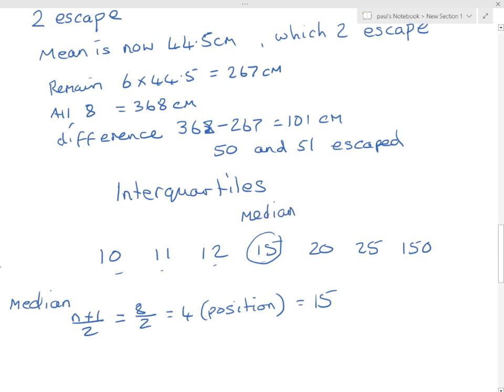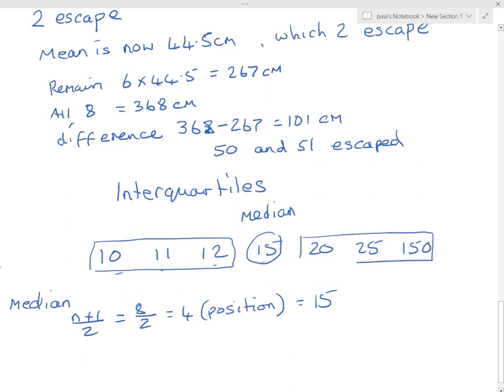Now, an interquartile is basically because of quarter, the whole data is divided up into 4. So the interquartile is actually the median of the bottom half of the numbers and the top half of the numbers. And so we have a lower quartile and an upper, so we have two.